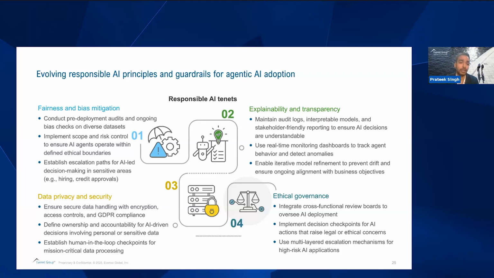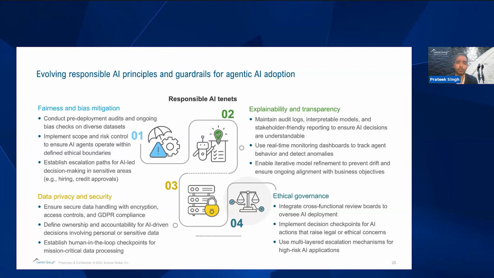There's a lot more focus on ensuring fairness and removing some of the biases that may come in from historical data. Some of the levers that we see organizations leveraging are audits, ongoing bias checks, and even training the model in such a way that it is able to address some of these biases at the training stage itself, rather than having to deal with them from an execution standpoint.